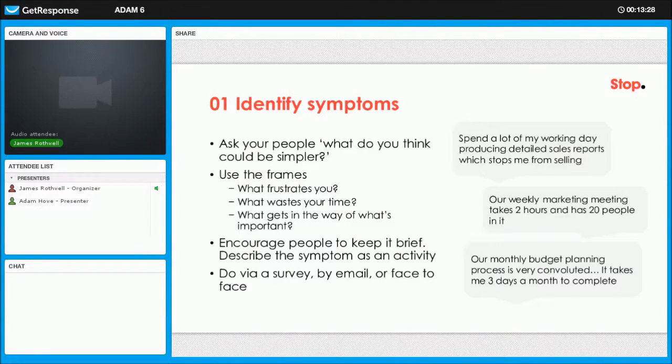On the right hand side, we've got 3 examples that were created by a sales manager, and we will take these examples through this process.